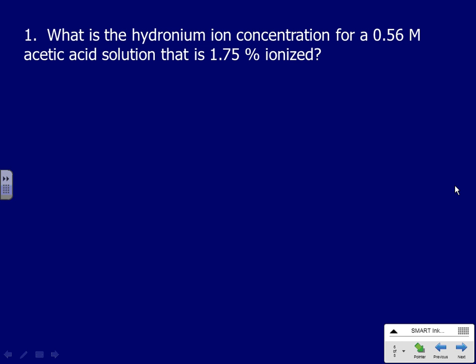We're not calculating the percent ionization. We're not just dumping it into the equation, or I would ask you for the percent ionization. What I'm asking you for is the hydronium ion concentration. This is the typical calculation that we do, and that's why I wanted to start with it.